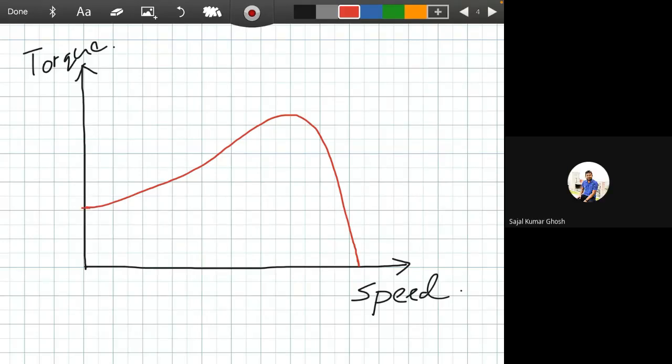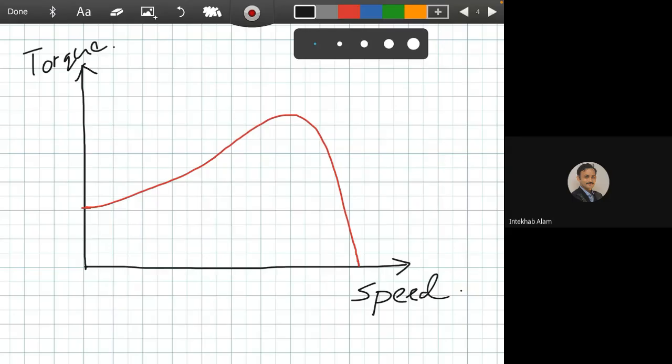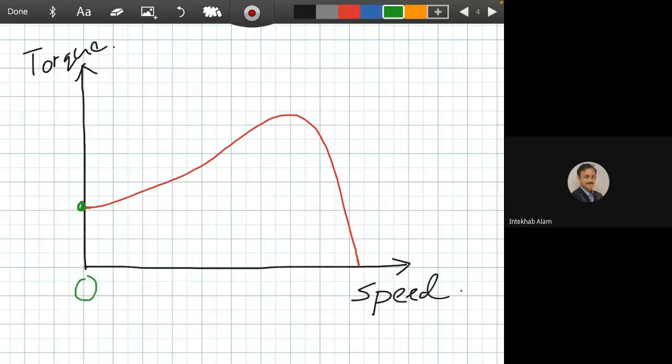Yes, sir. This is the usual speed torque characteristics curve of an induction motor. Here this is the starting point. Here speed is 0, and this point is the synchronous speed, ns, where the torque is 0, and here this point is the starting torque.